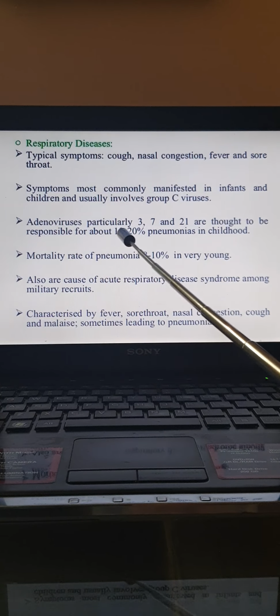In liver transplant, it can cause adenovirus hepatitis in children. Especially in AIDS patients, they suffer from prolonged or persisting gastroenteritis or diarrhea due to adenovirus. And types 11 and 21 may cause acute hemorrhagic cystitis in children, especially boys.